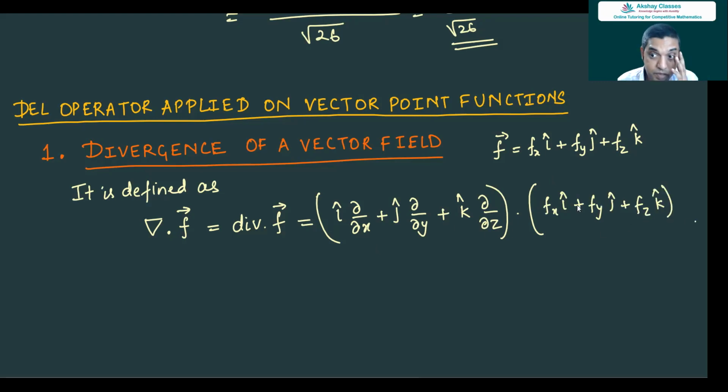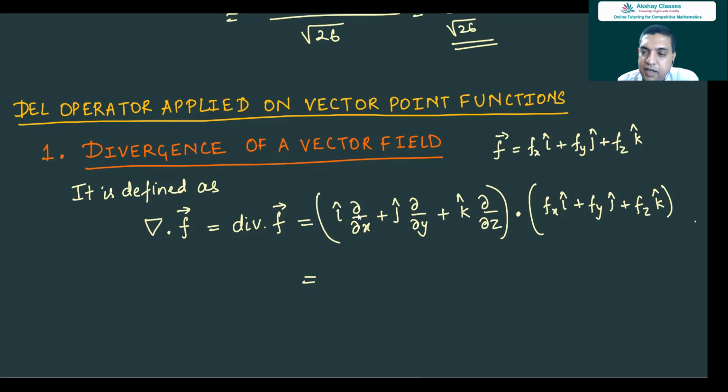Now, when we do a dot product, this operator operates on F, and i dot i is 1, i dot j is 0, i dot k is 0, j dot i is 0, j dot j is 1, j dot k is 0. So we only get i dots with i, j dots with j, k dots with k components.